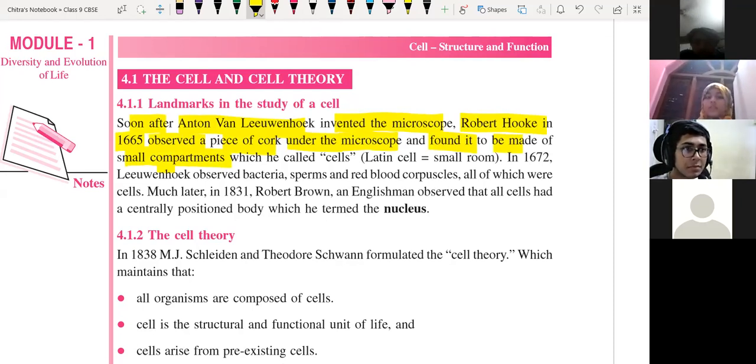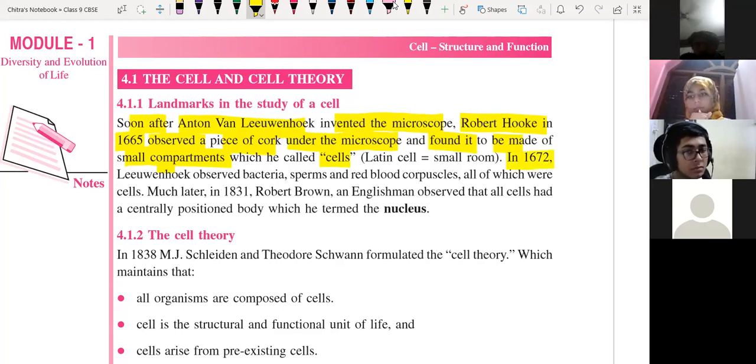You know the honeycomb? Yes, sir. Such compartments he saw in the bark of the tree. He named that compartment the cell because in Latin, cell means small room.